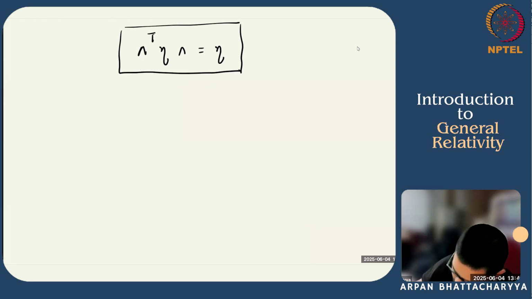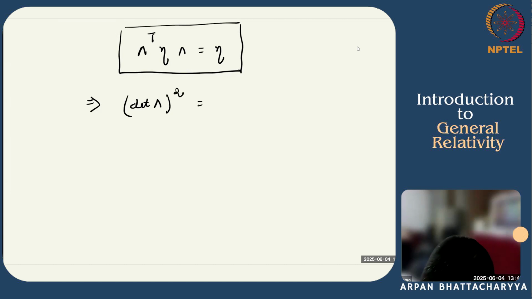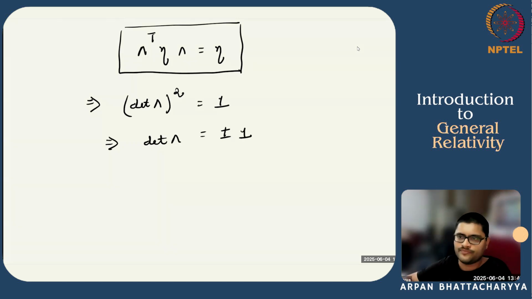Now, if you take the determinant of both sides, and use the fact that the determinant of a transpose of a matrix is equal to the determinant of the matrix, the determinant of eta will cancel out on both sides. So determinant of lambda squared is equal to 1, and this implies that the determinant will be either +1 or -1.